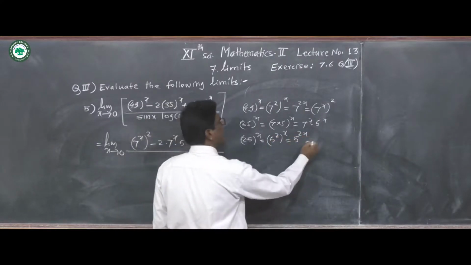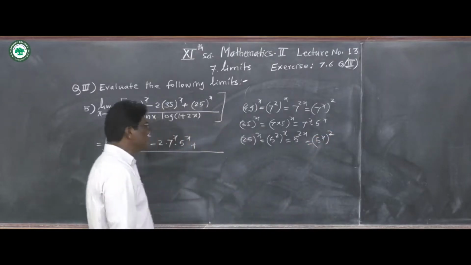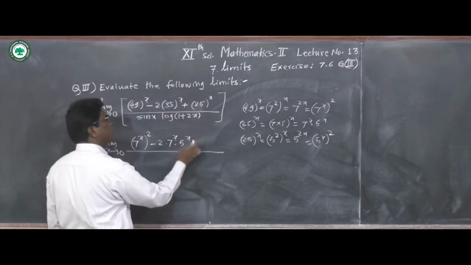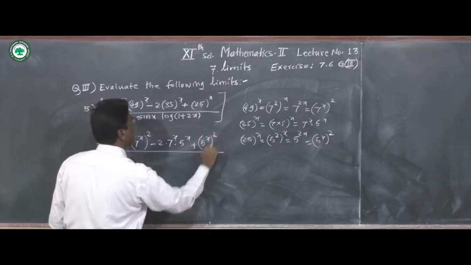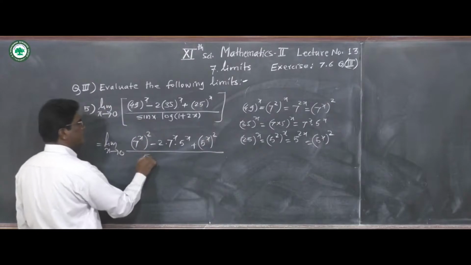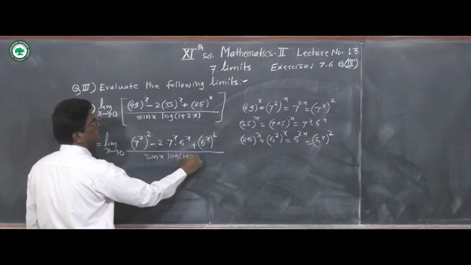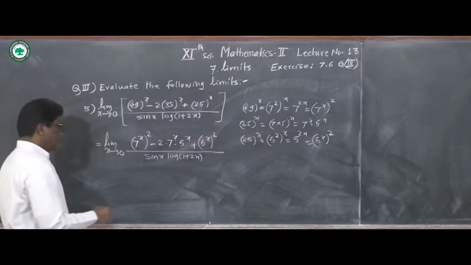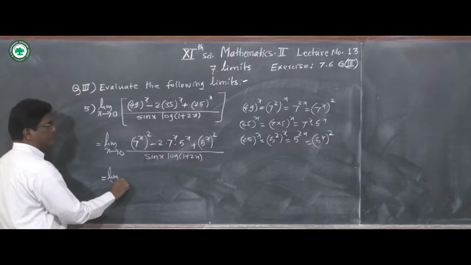Okay, so we write here 5 to the power x squared, so 25 to the power x, we write (5 to the power x) squared, divided by sin x into log of 1 plus 2x. So it is equal to limit as x tends to 0.